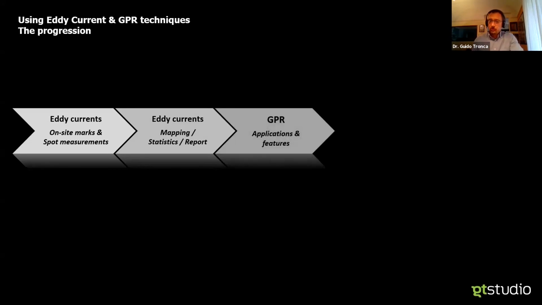Well, then I might want to push my activity and my capability a little bit further, and I may want to address the mapping, the calculation, the assessment of quality of a concrete structure. And then I have to step up and move to GPR.